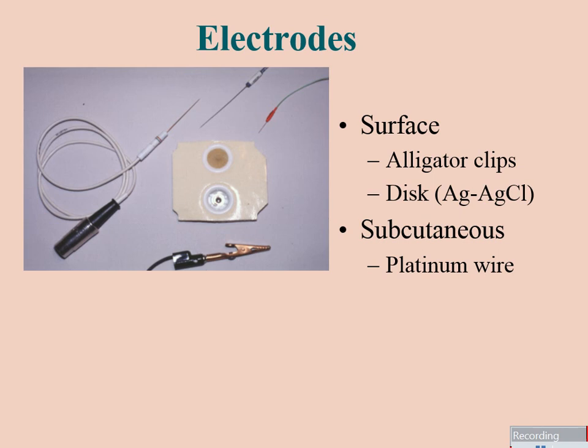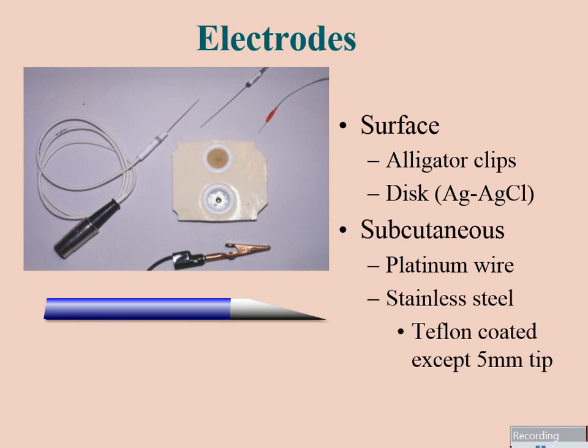These can be just very fine platinum needles that you can stick under the skin. Often we'll use stainless steel electrodes. And for EMGs, our recording electrode is typically coated with Teflon, except for the very tip. So it's a slick Teflon coat that slides through the tissues more easily, less drag, less discomfort for the patient.